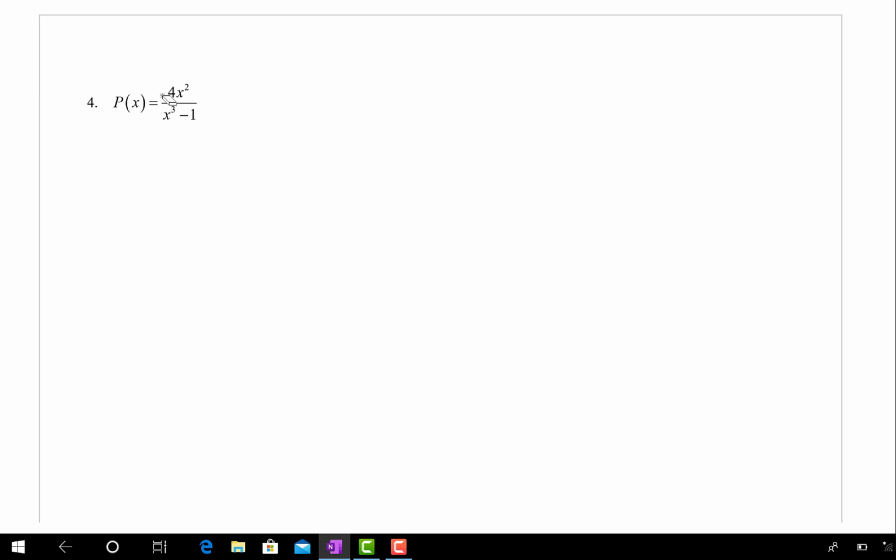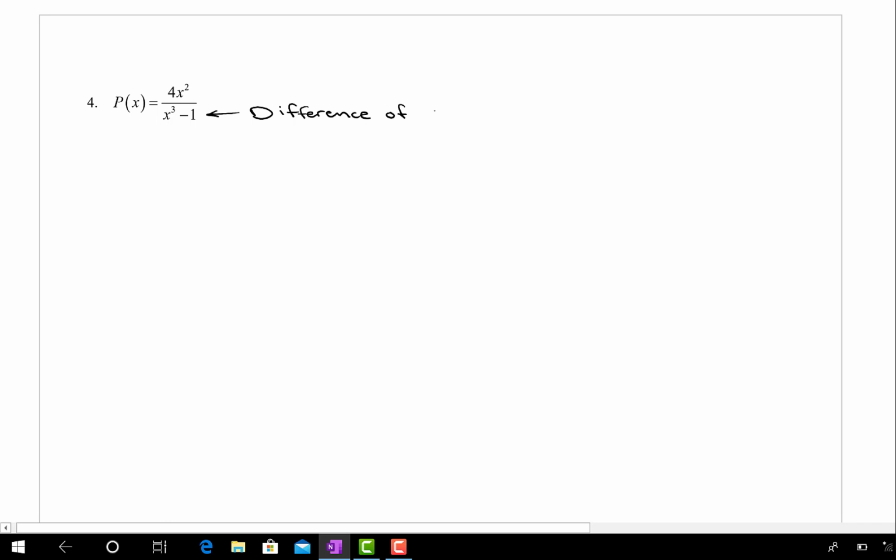I do have to worry about that denominator, about factoring it out, because notice what we have here. We've got x cubed minus 1. This is the difference of 2 perfect cubes. And we have a special formula for factoring these type of polynomials out. All right? I'm going to write this out.